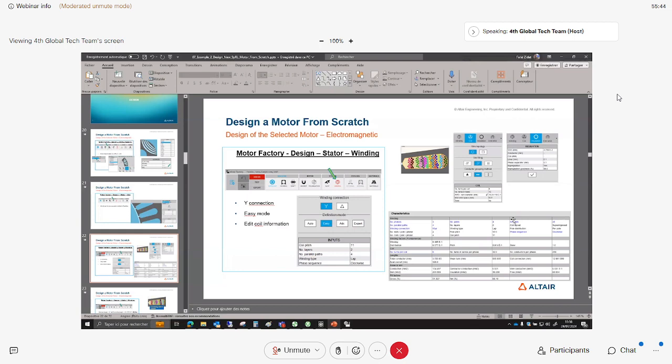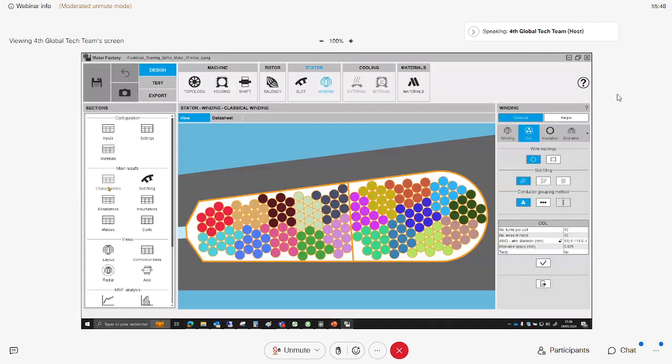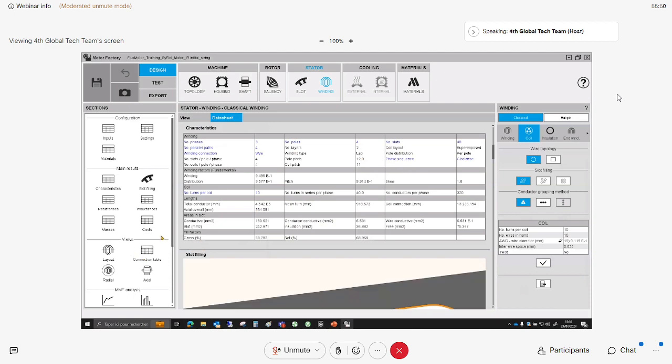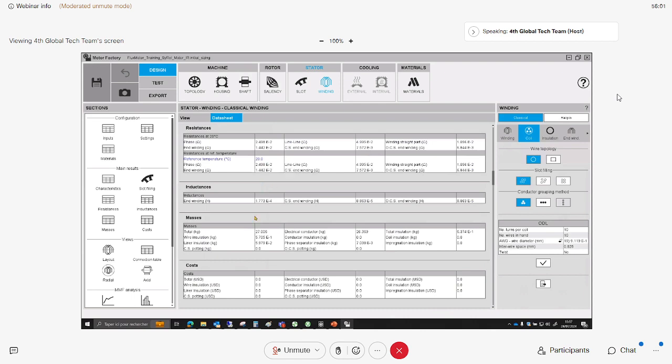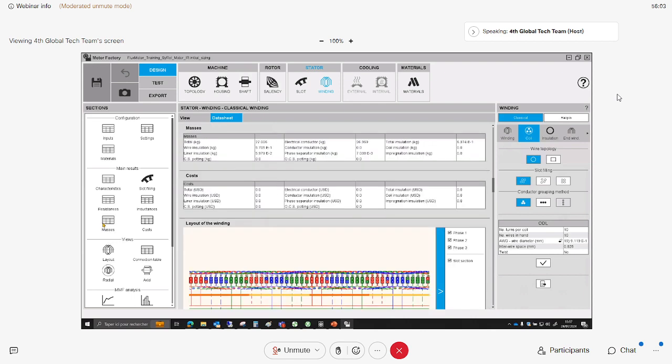Once you finish the slot filling, you can have a look at the characteristics to see the fill factors, the phase resistances, the end winding and the masses.